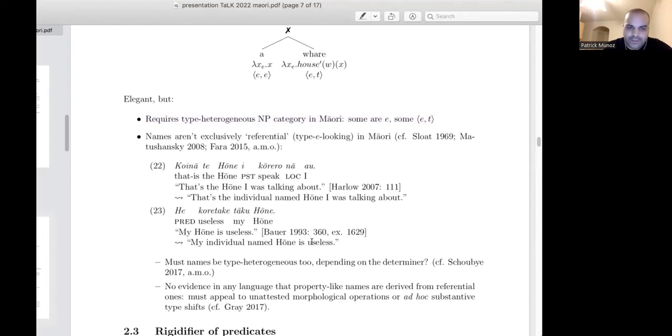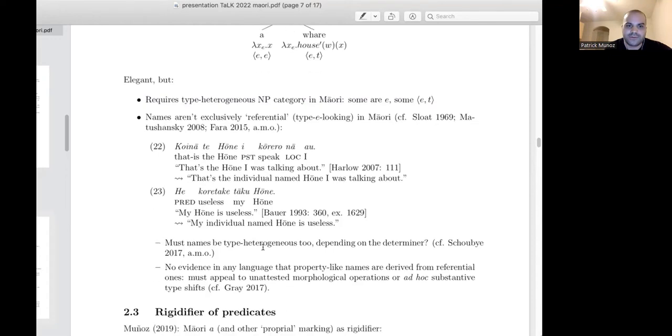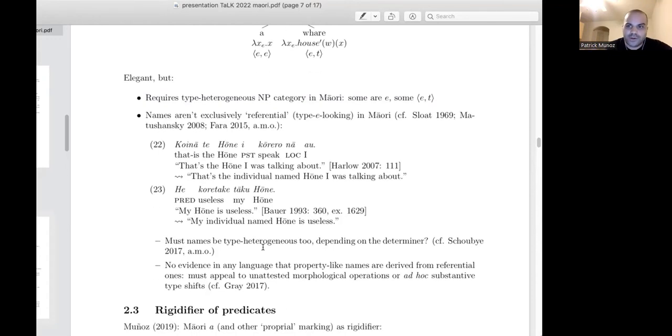The other problem is that names are not exclusively referential, not in Maori, and actually not really in any language that I'm aware of. They also have predicate-looking uses. And this has been a huge cause for concern for lots of accounts of names. So in other words, a name like Hone does not always just refer to some guy named Hone. It often means, as if it denotes a property, person named Hone, and can be modified and so on.